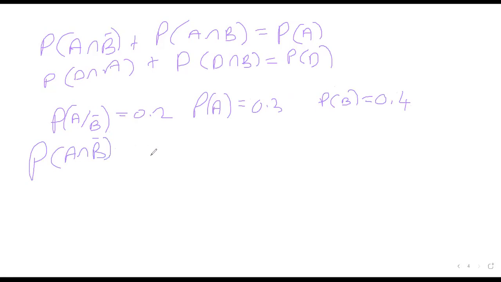Okay, so let us expand this. What is the probability of A given B complement? What goes down? What comes here down?